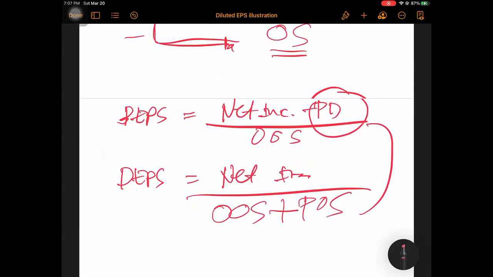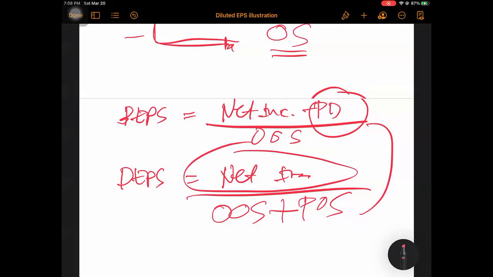So, the number of ordinary shares outstanding is increased by the number of ordinary shares that would have been issued upon conversion of the preference share. Okay, so again, in this case, we also have three scenarios. So again, nga nang wala na gani sa gi-minus dire because again, the preference shares is assumed to be converted into ordinary share. Therefore, wala na dividends available to your preference shares or preference shareholders.